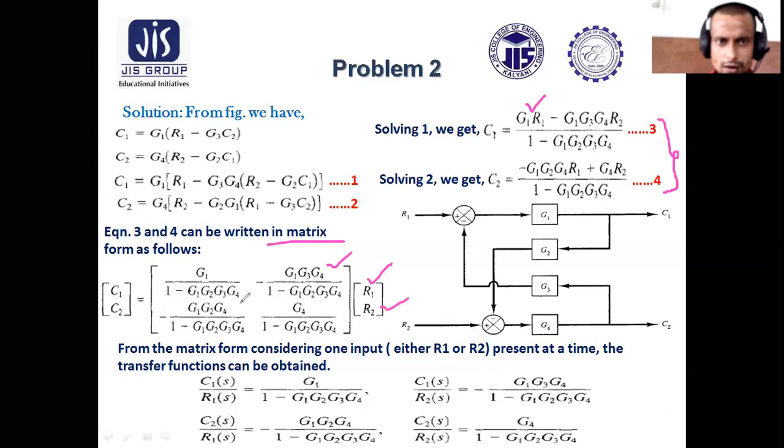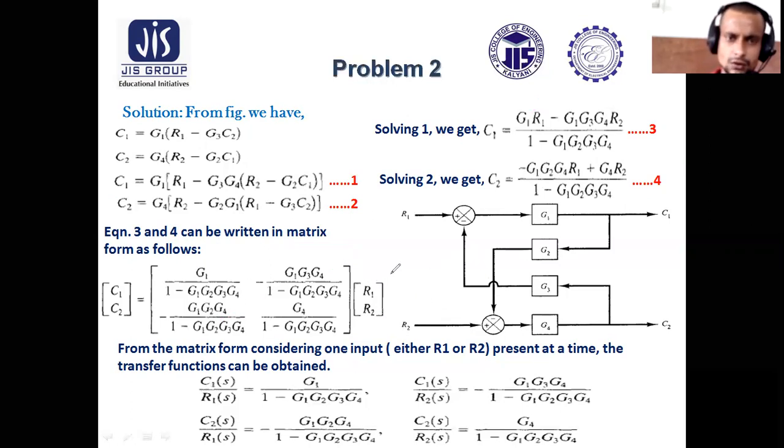Likewise for C2, this is G1 G2 G3 and G1 G2 G4 divided by the same denominator. So this is the matrix representation of equations 3 and 4.